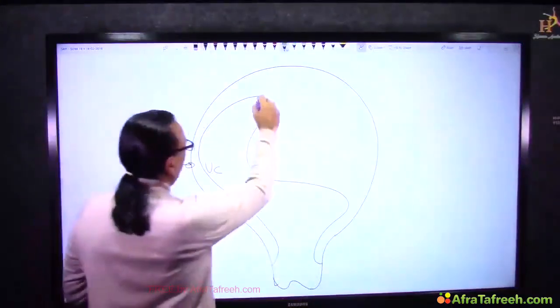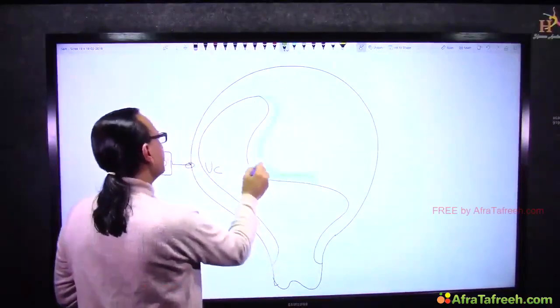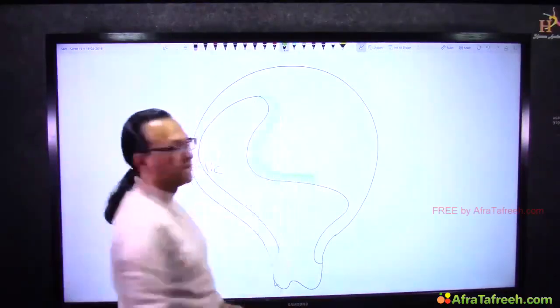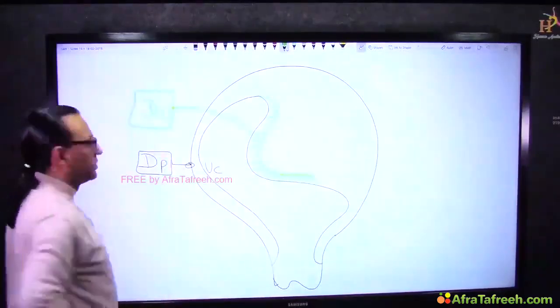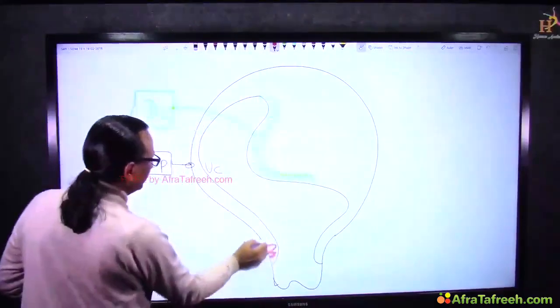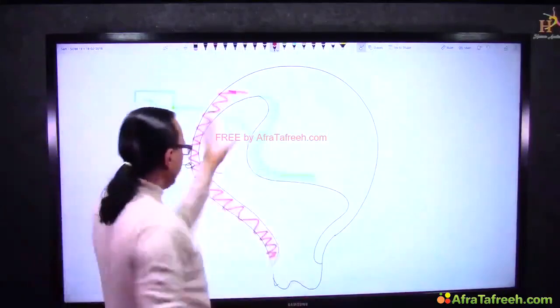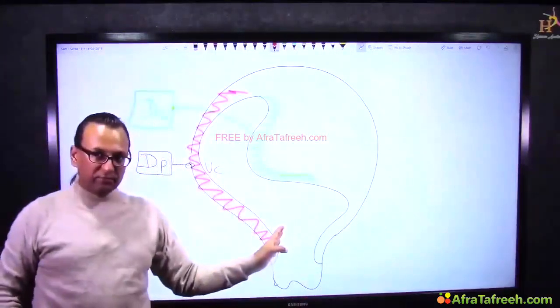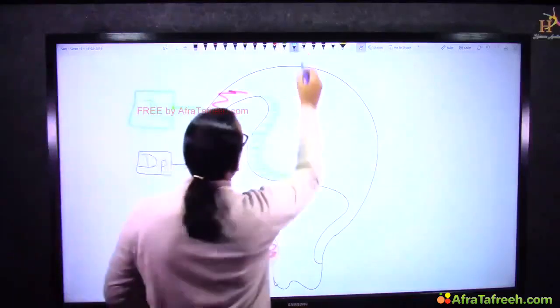This is what we are calling the decidua capsularis. If that is the decidua capsularis, then we also have seen decidua parietalis. And between the two is the uterine cavity. But where is decidua basalis? If you say decidua basalis, then it is here.